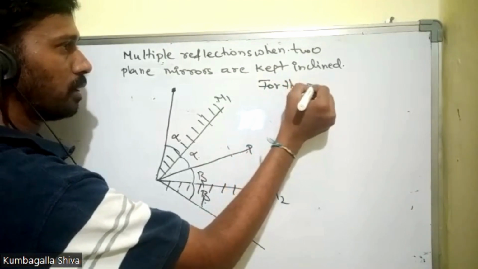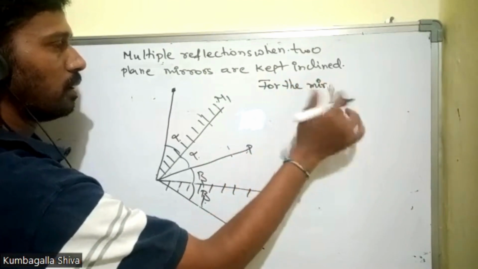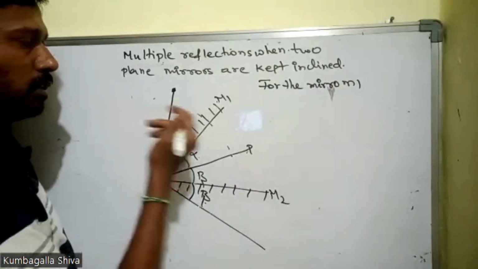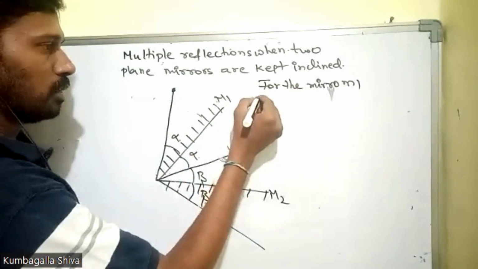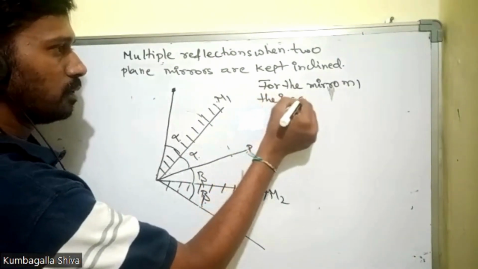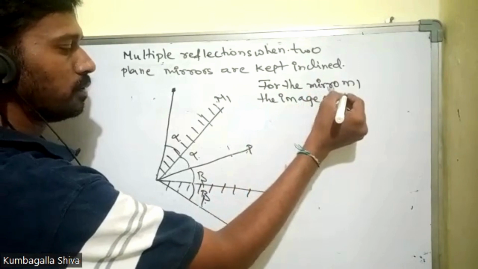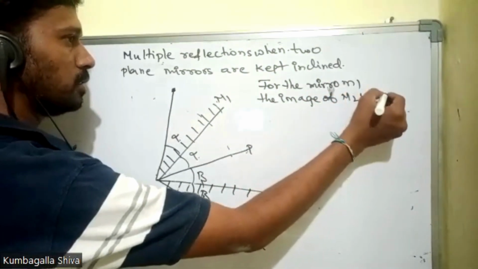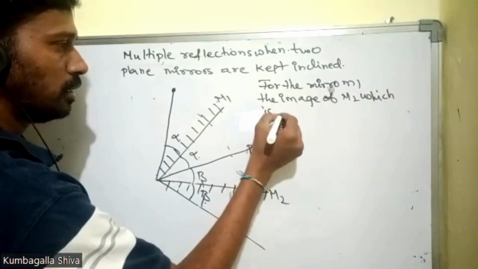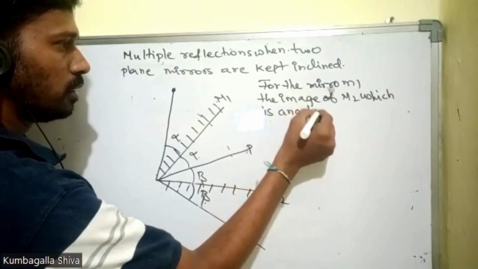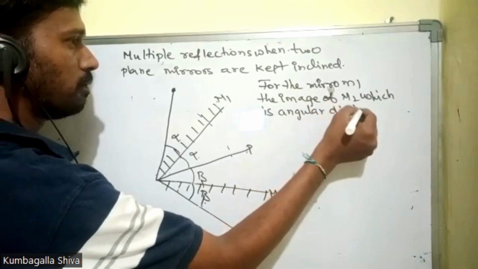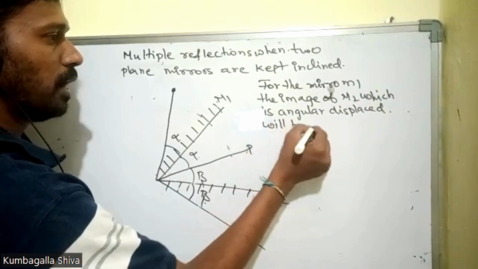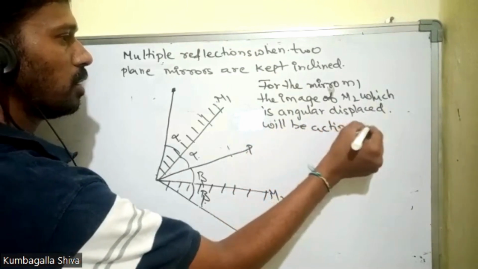Next, the same concept for the mirror M1: the image of M2, which is angularly displaced, will be acting as an object.